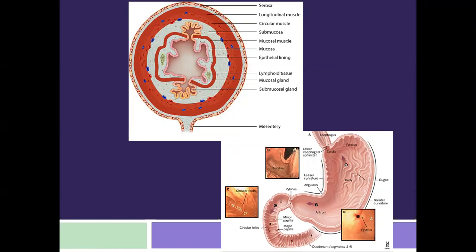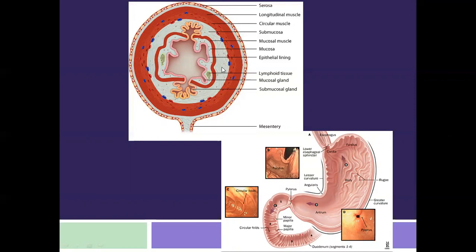You have already learned about the GI physiology. The histological structure of the GI system consists of four layers. The innermost layer is called mucosa. After mucosa, there is a submucosal layer, which is shown in the white surface.